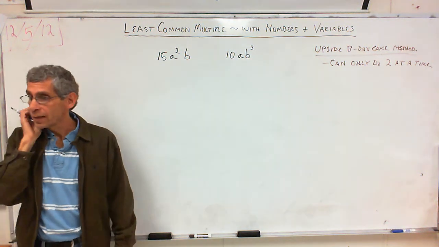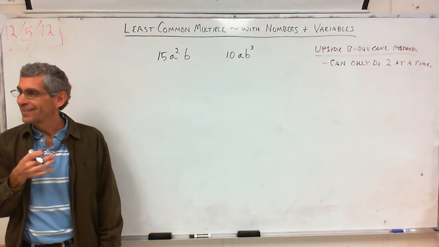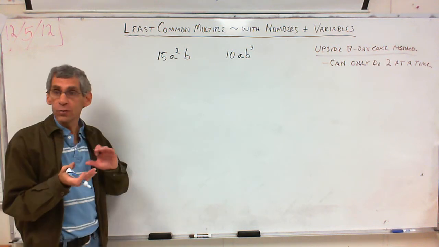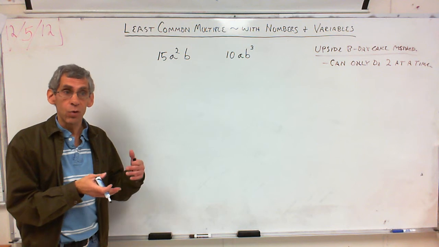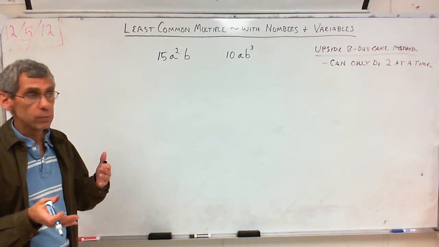So this works the same way as the other stuff. We could use either method: that number 1 method that I showed you, or the upside down birthday cake method. Let's do them both ways.